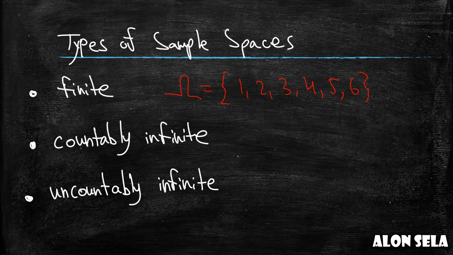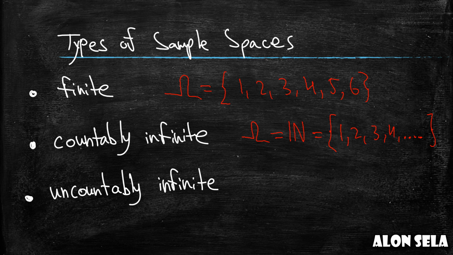Now let's take an example of countably infinite sample space. In this case we can take, for example, omega to be the set of all natural numbers. In this case omega will be 1, 2, 3, 4, and so on and so on. So it's an infinite sample space, but because we can count it, we call it countably infinite sample space.